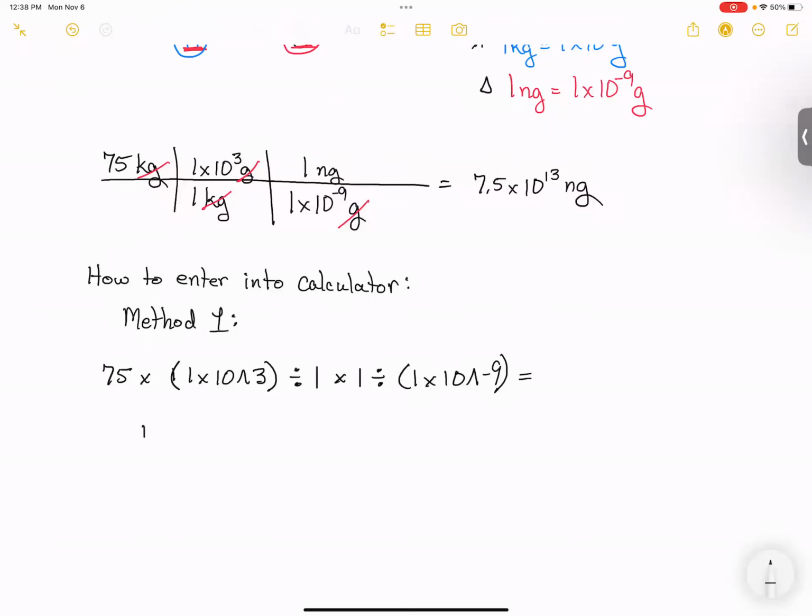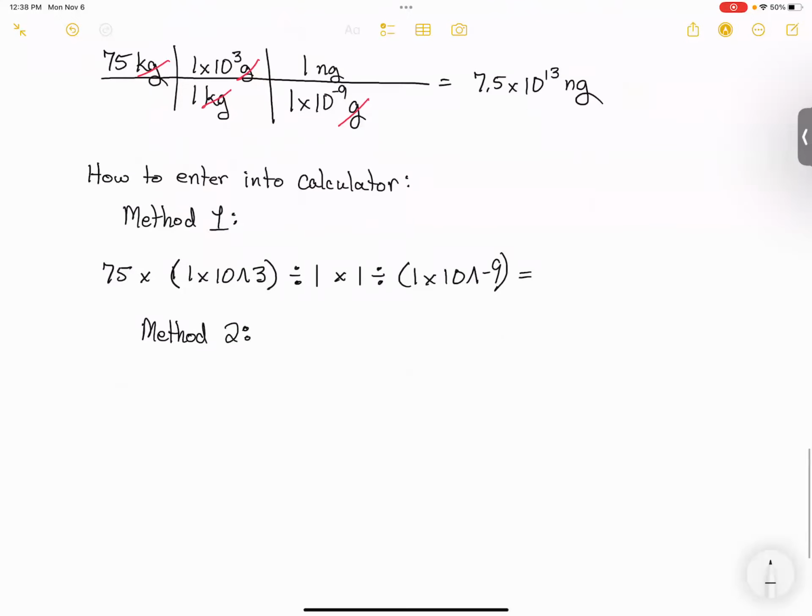So method 2 is 75 times 1, E, 3, divided by 1 times 1, divided by 1, E, -9.